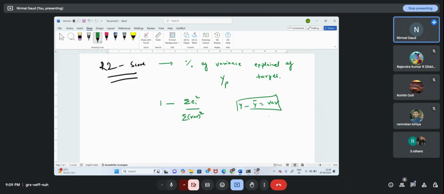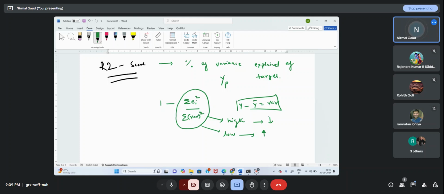So if this ratio is high, R2 is low. If this ratio is low, R2 is high. And how will it be low?